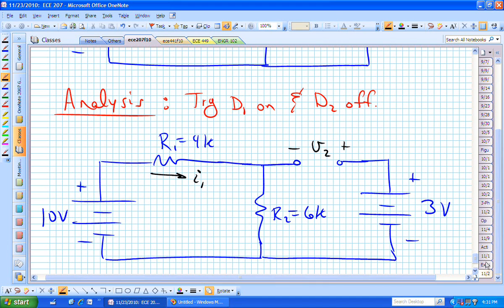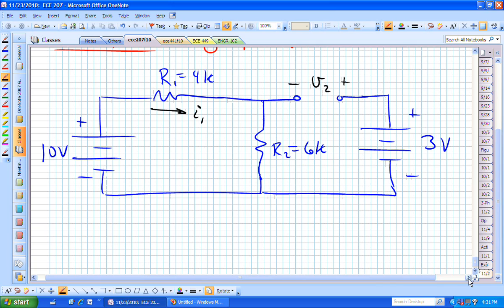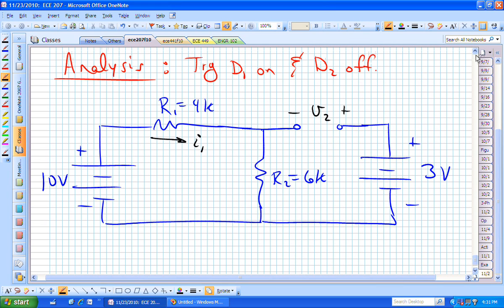I want to check whether or not this particular configuration is indeed what's happening. I could ask, is I1 actually flowing? Is it positive? And when I do the analysis, am I going to find that V sub 2 is negative, that the diode is reverse biased?